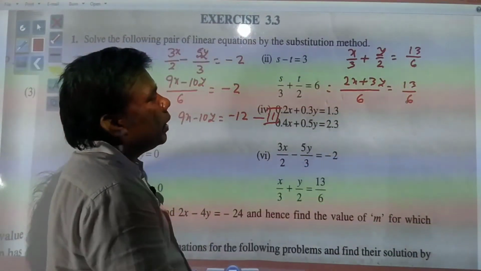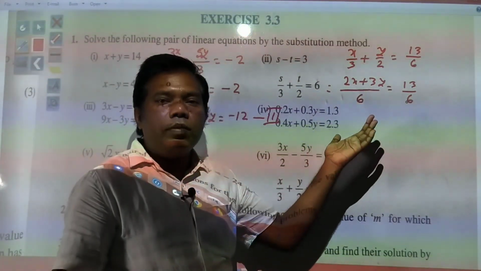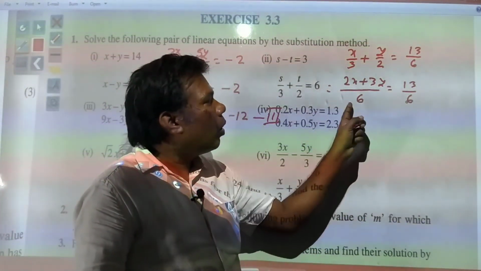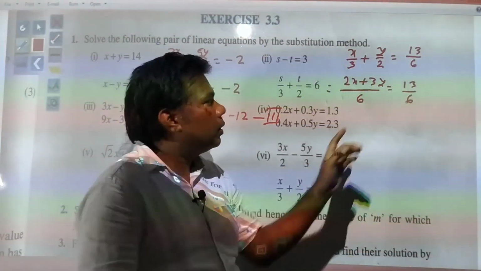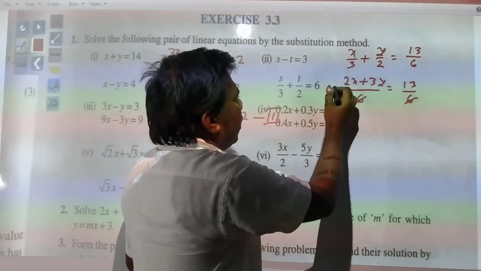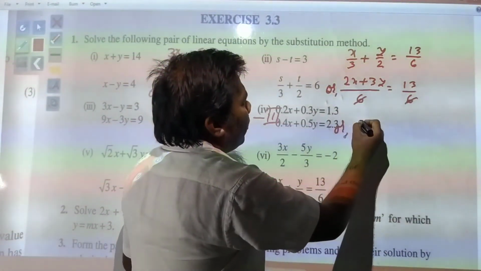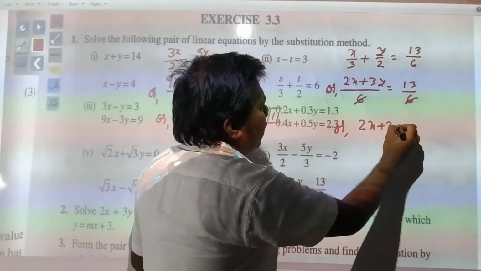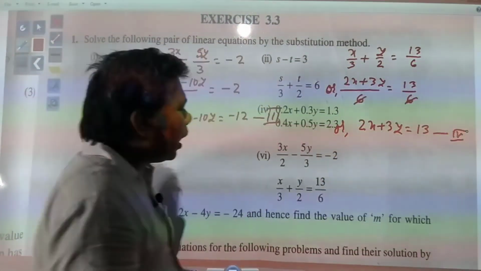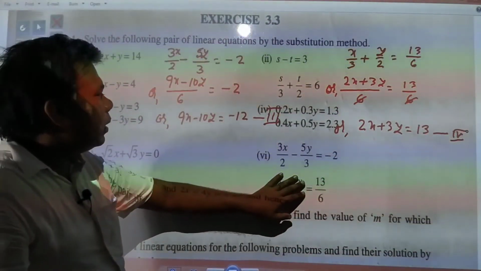In denominator or in numerator, if the value is the same, if you are doing cross multiplication also this can be cancelled, or directly also you can cancel this. So 6 1s are 6 and 6 1s are 6. Or finally you have got 2x plus 3y is equal to 13. This is your fourth equation. So now your equations have been simplified.